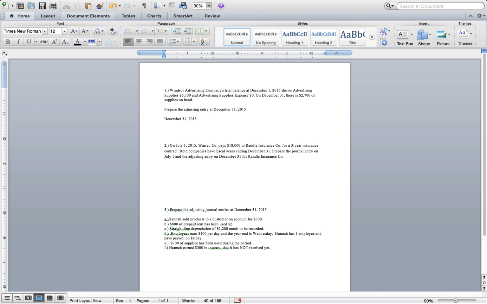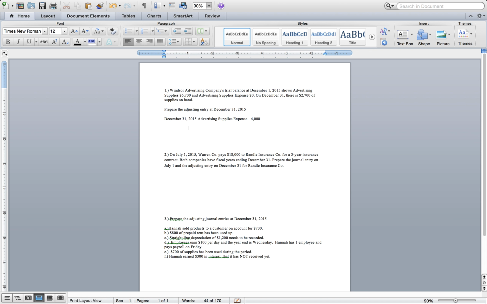Now the next part, we start with our debit. Well, when you adjust for supplies, you always want to start by debiting the expense. In this case, it's advertising supplies expense. Now, you would debit it for how much supplies you have used up. If you start at $6,700 and you have $2,700 left of supplies, you would adjust for the difference, which in this case is $4,000.